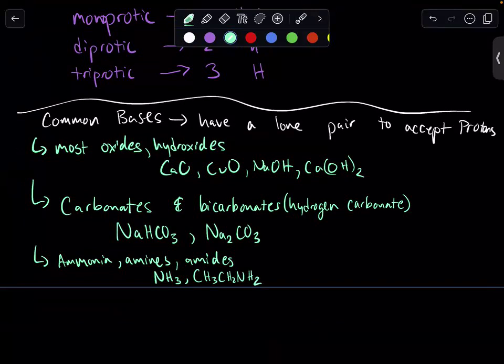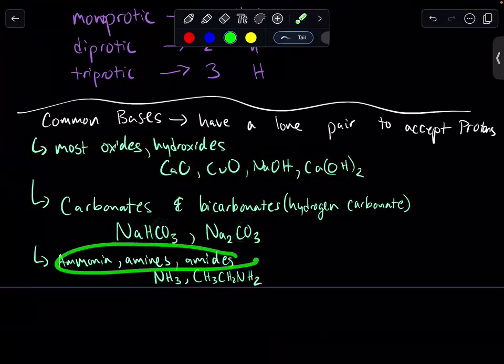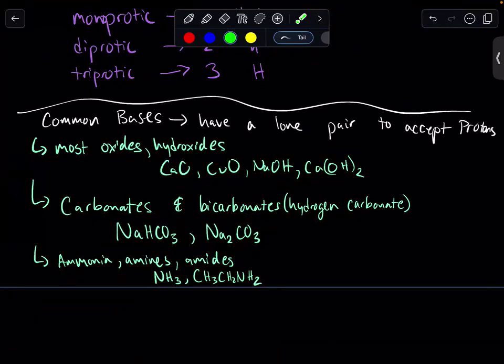So these are all common bases. Now, in these bases, generally the oxygen is where we will accept the hydrogen. Furthermore, same for the carbonates and bicarbonates. However, in ammonia, amines, and amides, the lone pair belongs to the nitrogen in these groups. So hopefully this helps you understand the intro to acids and bases, and have a great day.